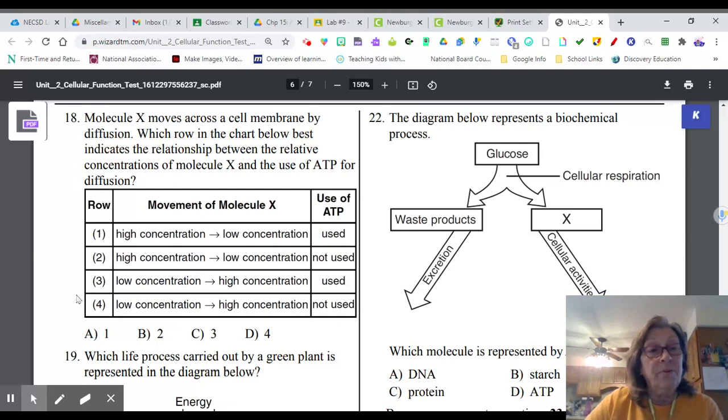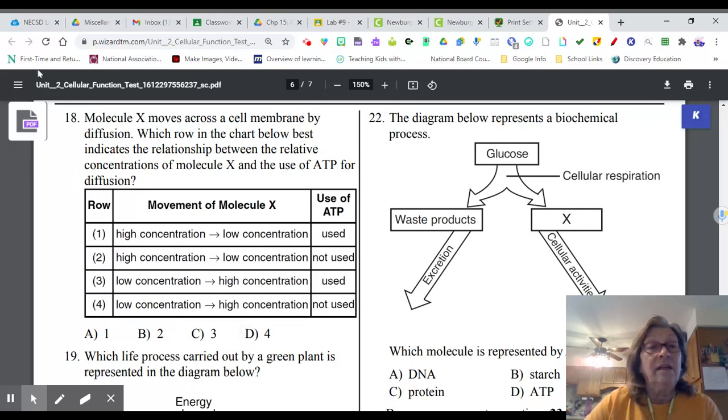Row number 3, low concentration to high concentration, used. Row number 4, low concentration to high concentration, not used. Is the answer A, 1, B, 2, C, 3, or D, 4?